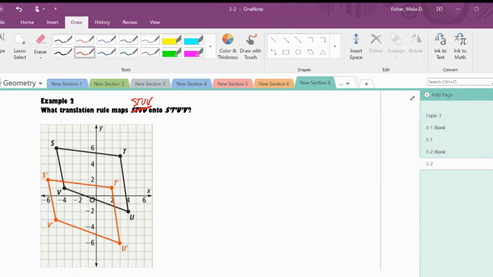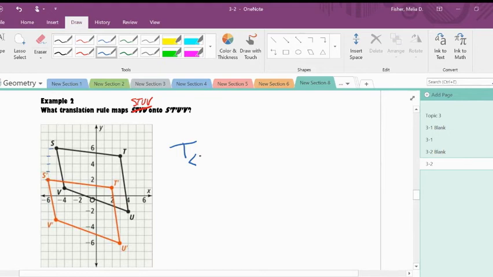So what rule maps those two things? Well, that is going to be a translation, and we just need to figure out what it did. The black one is our pre-image and the orange one is our image, so we just need to be able to count.